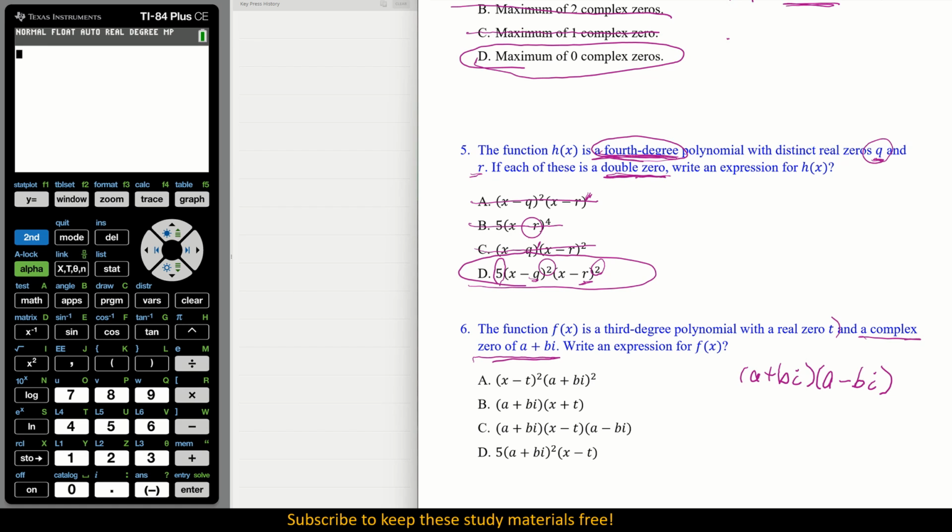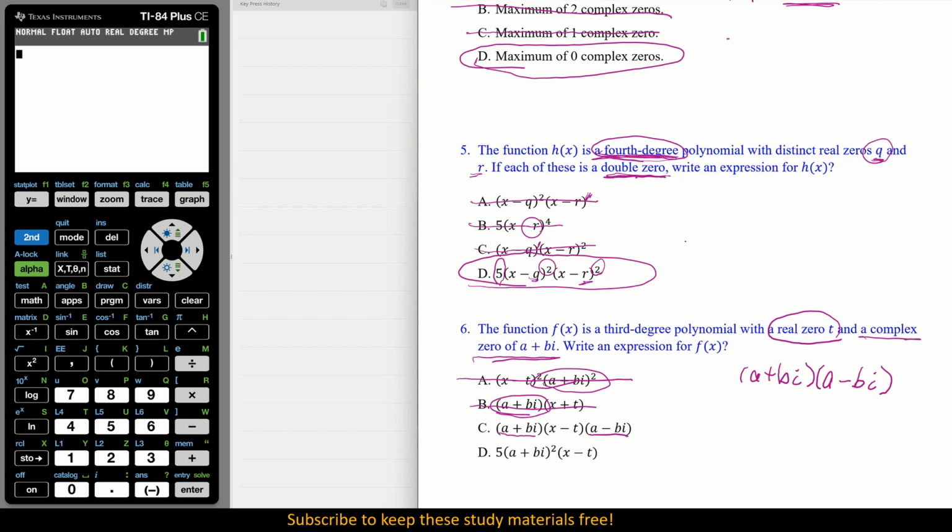Now, you also have an x minus t or plus t, one or the other. You got something going on with x and t to be a real zero, whatever. Okay, here's the thing. Look to make sure you have your conjugates first. This is not a conjugate, that can't work. This is not a conjugate, that can't work. Now I see my a plus bi.